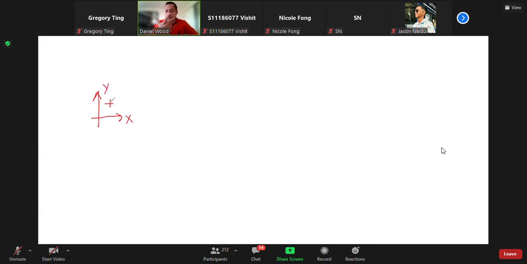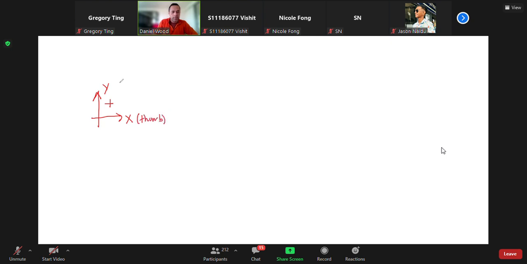Typically, it's my right hand rule. Everyone's got a right hand. You can hold your right hand up in front of you like this. Your thumb is your x-axis. Your index finger is your y-axis, and your middle finger is the z-axis. So if I go up here, this is your thumb.